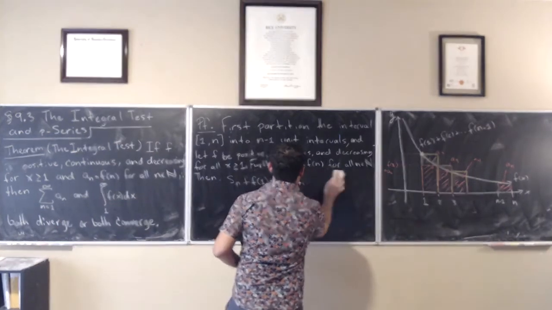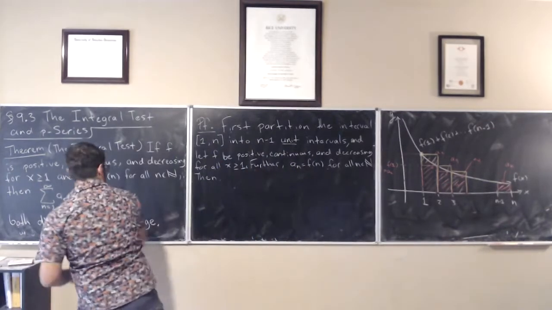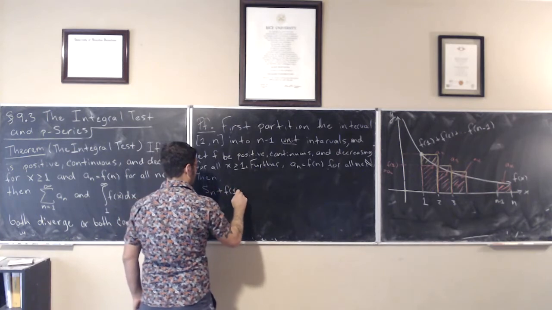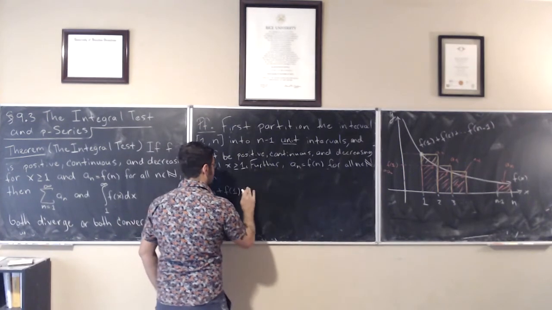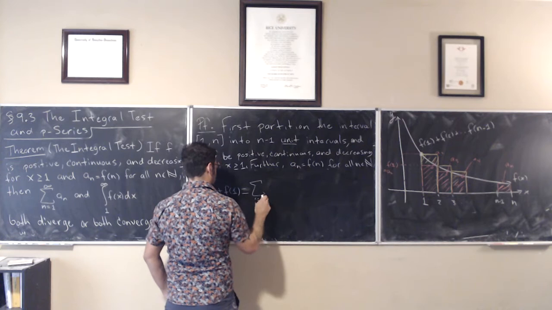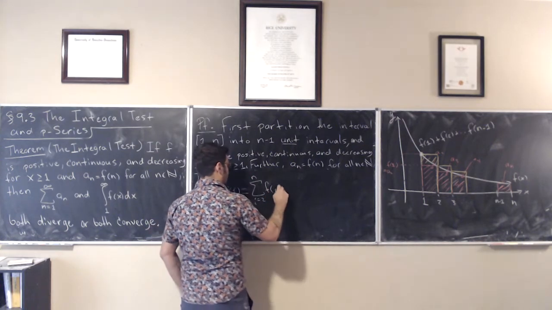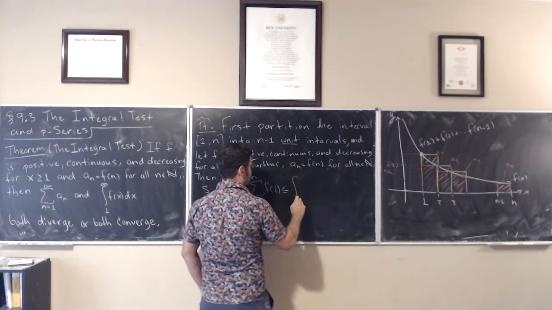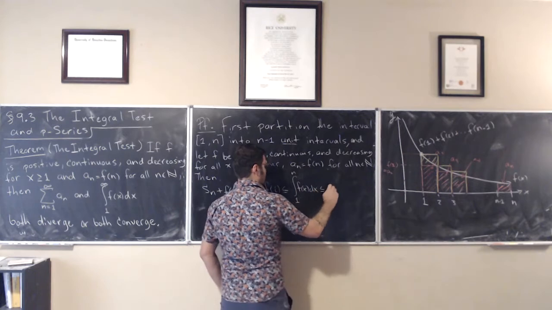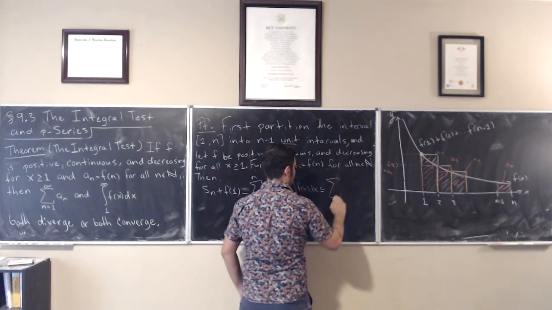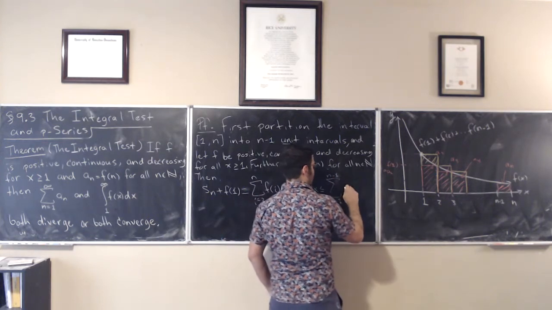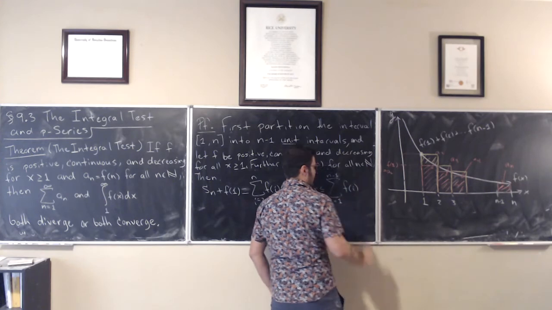So Sn plus f at 1 is equal to the sum from i equals 2 to n of f sub i, which is at most the integral from 1 to n of f of x dx, which is at most the sum from i equals 1 to n minus 1 of f of i.